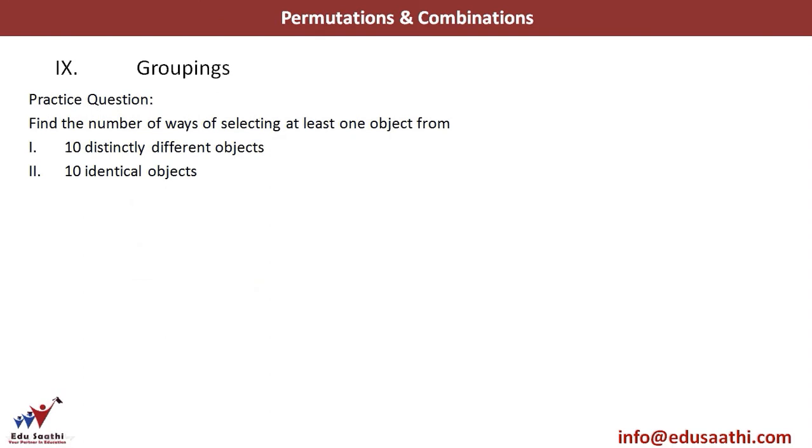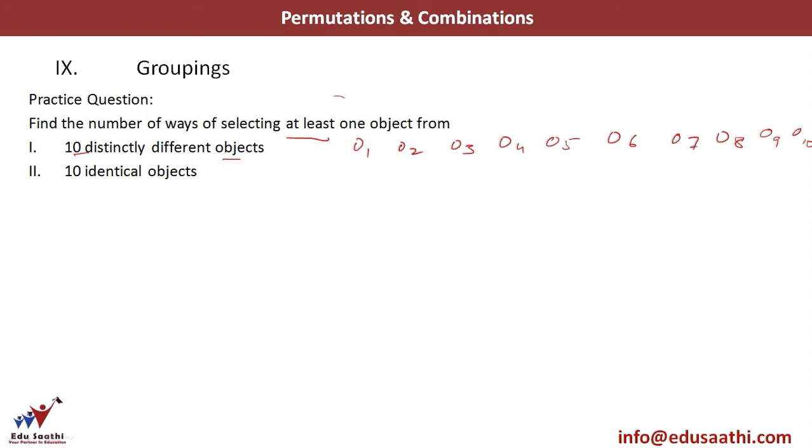Let's do some practice questions. Find the number of ways of selecting at least one object from 10 distinctly different objects. So I have 10 different objects. Let's label them as O1, O2, O3, O4, O5, O6, O7, O8, O9 and O10. Now I have to select at least one object from these 10.